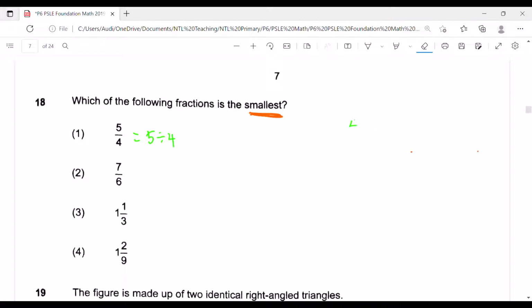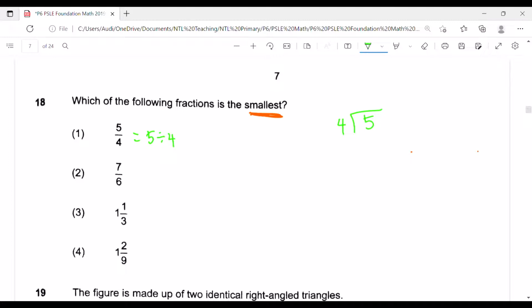Right? So one more time. I say 5 divided by 4. The reason why I'm emphasizing this is because sometimes you get these two numbers mixed up. You don't know which one goes under the division sign.